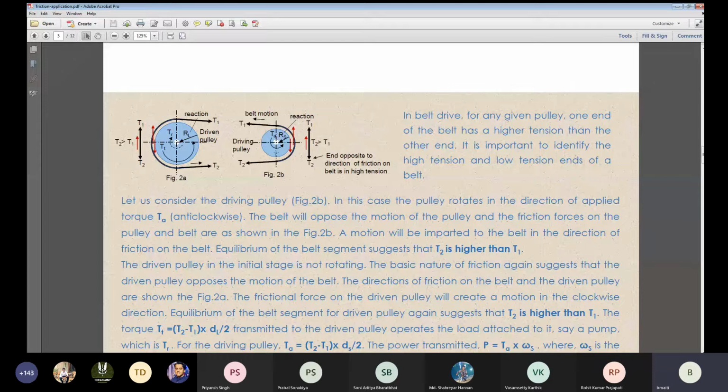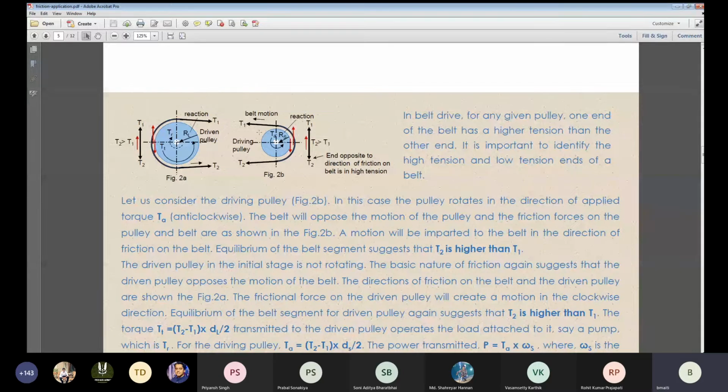Now in this particular case, what is happening? This is the driving pulley. It is driving. Now for this one, T2 minus T1 into R is opposing in the direction. That means this is the resistance. So this particular one is transferring, acting over a resistance, and that resistance is coming due to the frictional force. That frictional force is basically appearing as two different belt tensions.